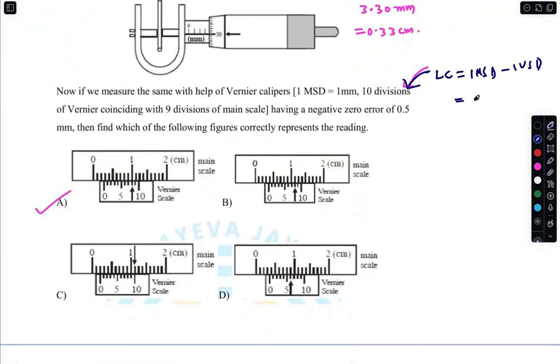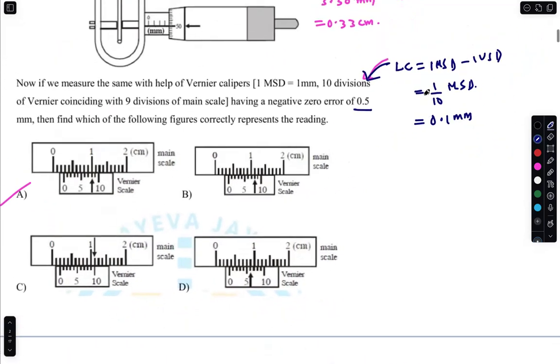So this will become 1/10 of a main scale division. One main scale division is 1 mm, so this will be 0.1 mm, the least count of the instrument. It is having a negative zero error of 0.5 mm.